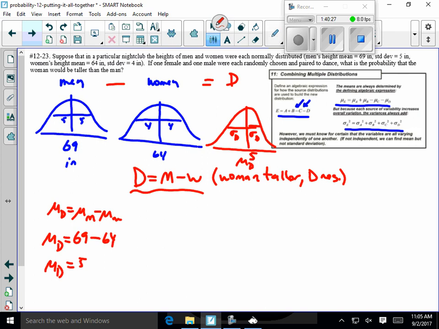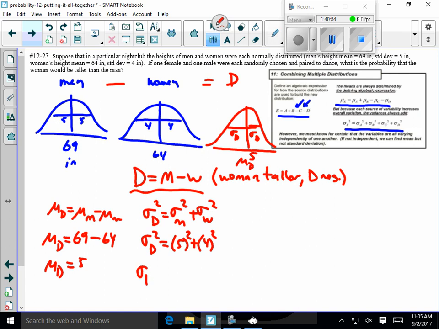For the standard deviation, we're going to use the idea that variances add. The variance of the difference is equal to the variance of the men plus the variance of the women. The reason this is plus, even though this is algebraically negative, is that when I add variation from women, it always increases the amount of variation. So the variance for the difference would be the standard deviation of the men, 5 squared, plus the standard deviation of the women, 4 squared.